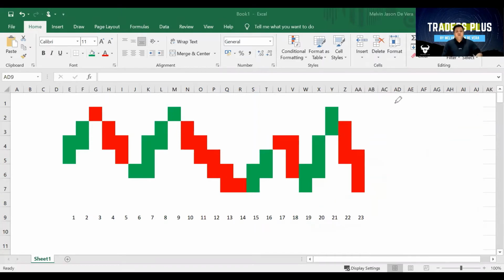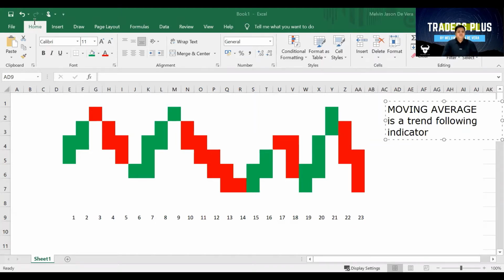Now, how do we use the moving average? Una, moving average is a trend following indicator. Nagre-react ang moving average base sa galaw o takbo ng mga nakaraang presyo, kaya ito ay isang lagging indicator actually.